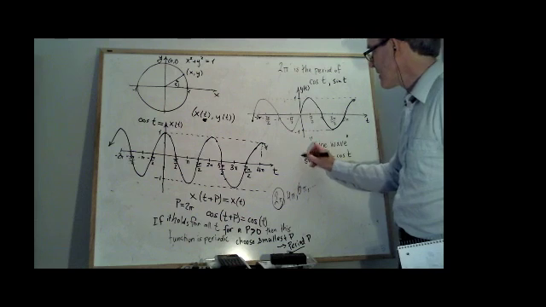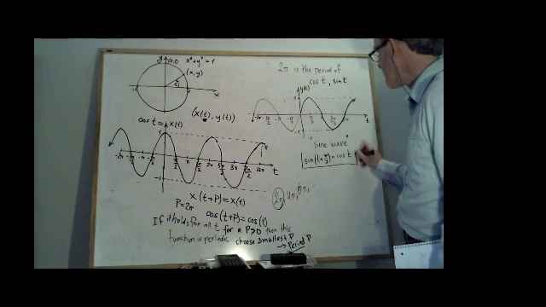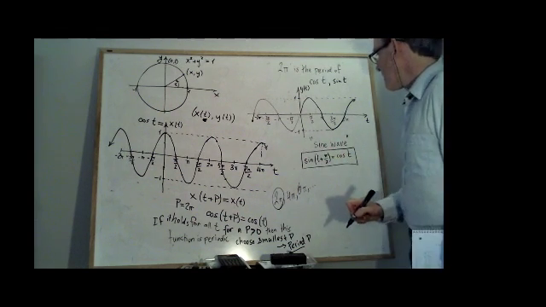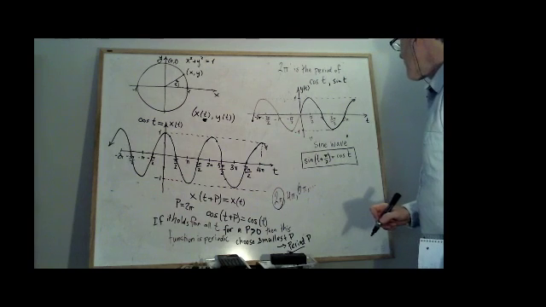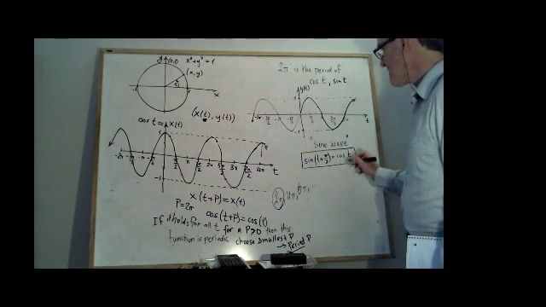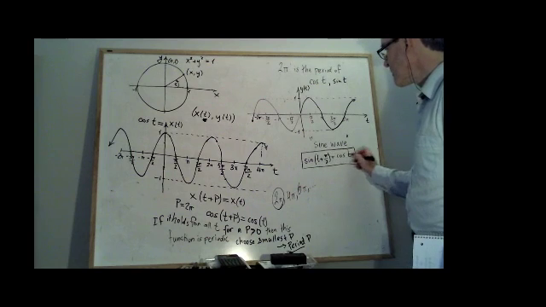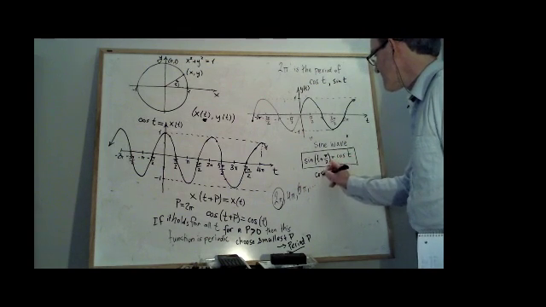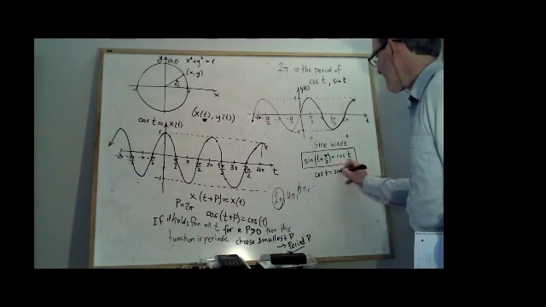So this would be an identity that would come out of some of the identities that we'll see. One identity we've already given is the cosine of t is the sine of pi over 2 minus t.